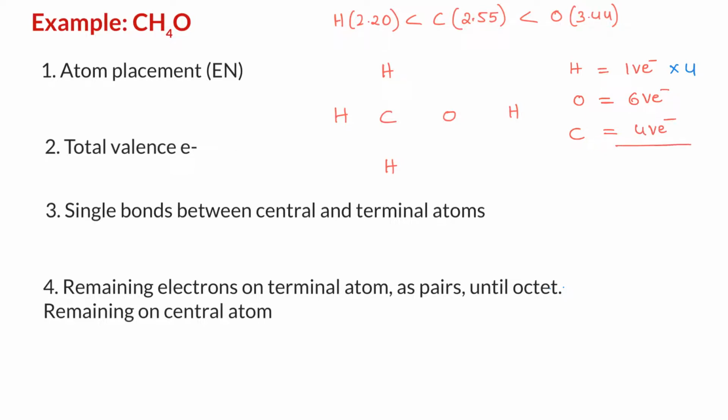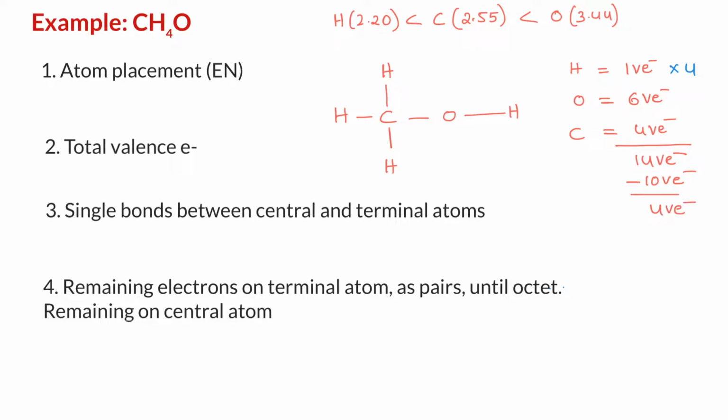In total, I have 14 valence electrons. First, I am going to use these valence electrons to connect the central atom to the terminal atoms by a single bond. I have placed 5 bonds, therefore I have used a total of 10 valence electrons. So there are 4 valence electrons remaining.